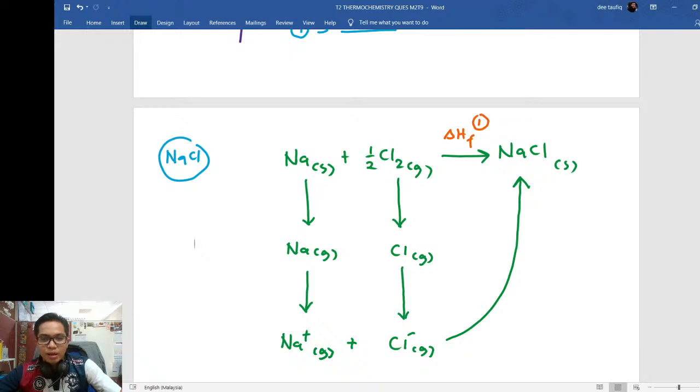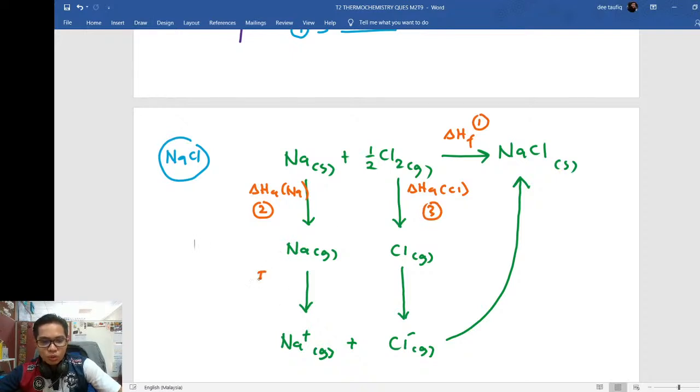So by using the same numbering and labeling as above, solid to gas is delta Ha for Na, labeling as number 2. And then this is atomization of Cl, numbering number 3.